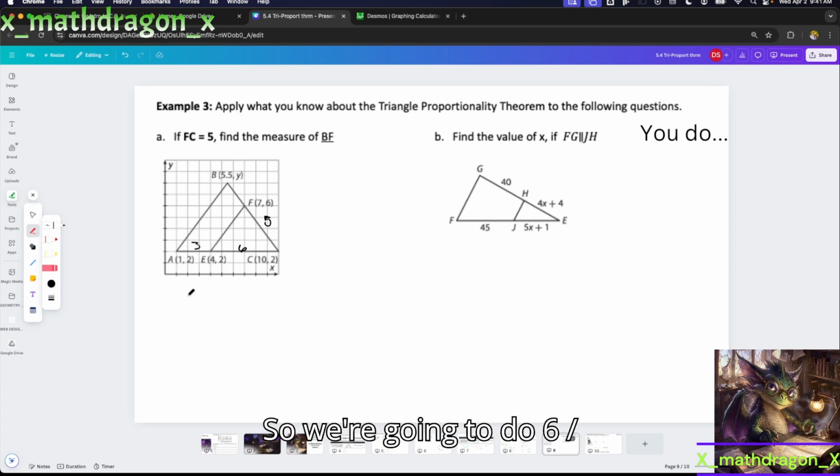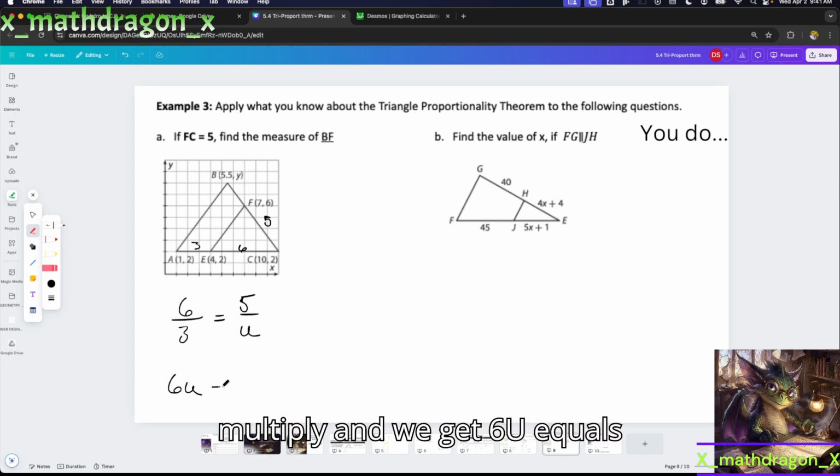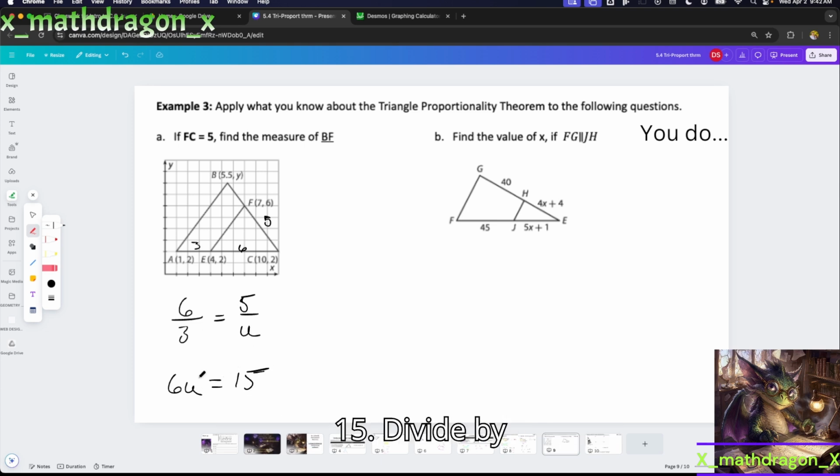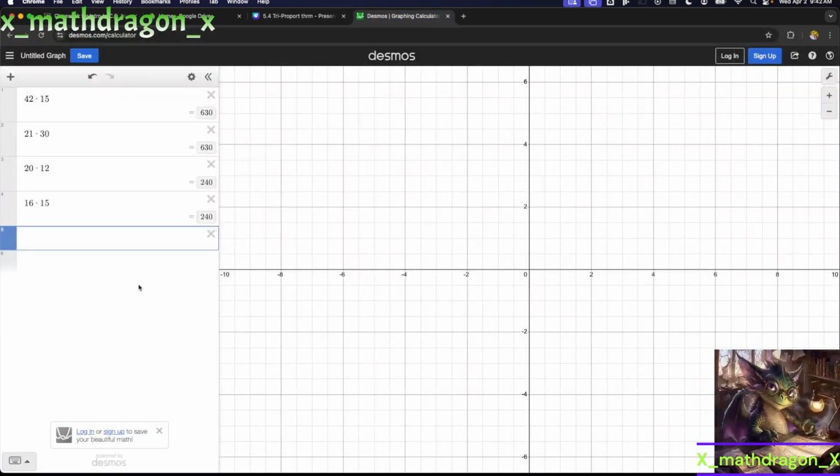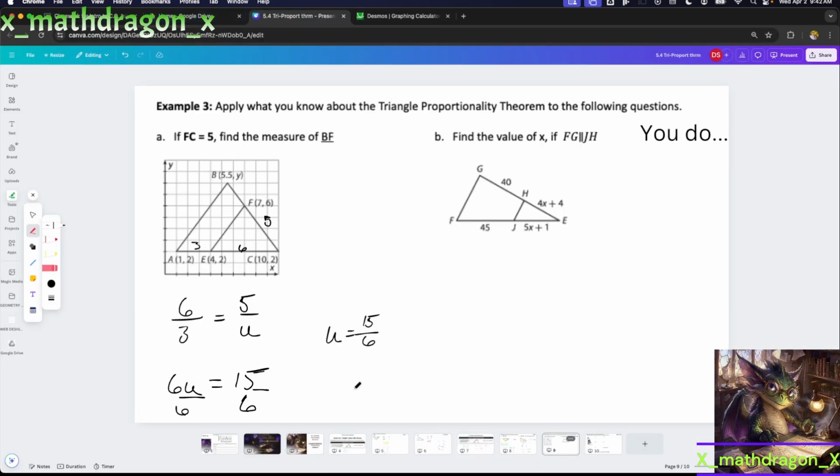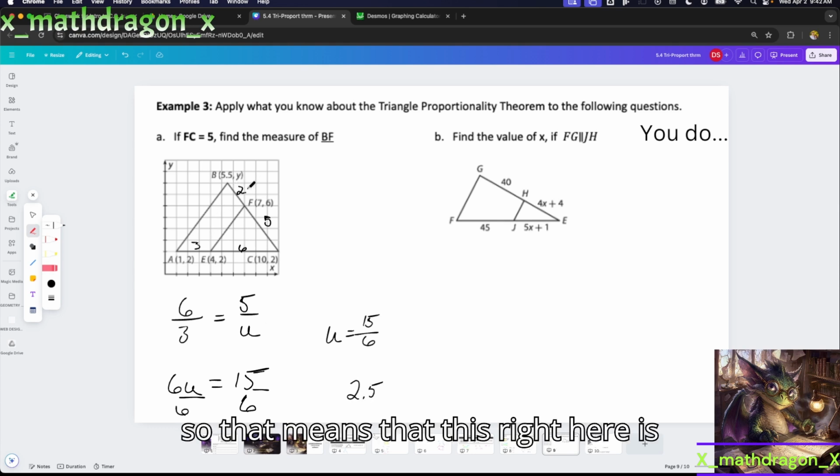So we're going to do 6 over 3 equals 5 over u. Cross multiply, and we get 6u equals 15. Divide by 6. And u should equal 2.5. So that means that this right here is 2.5.